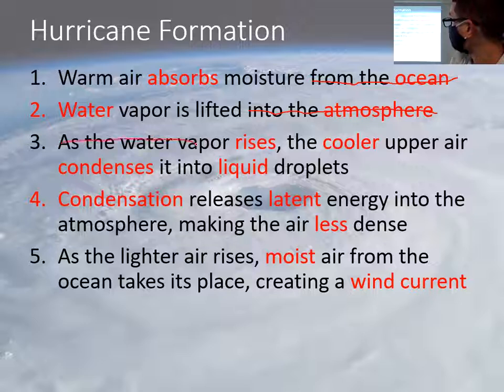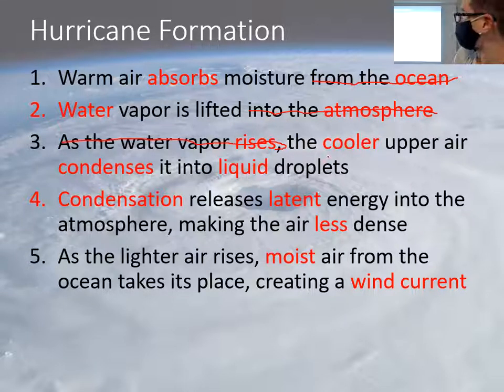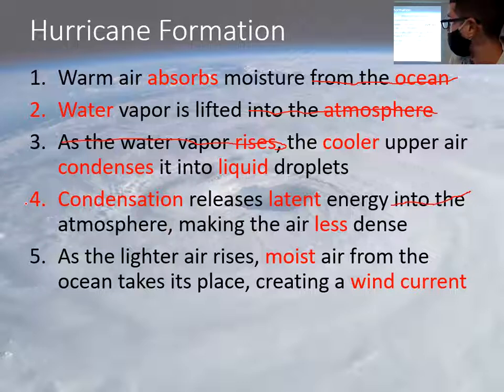We'll say as the water vapor rises, the cooler upper air condenses it into liquid droplets. It's going to form those clouds, make those dense hurricane clouds. Water vapor, we have lift. And then for four, condensation is just going to release a bunch of energy.